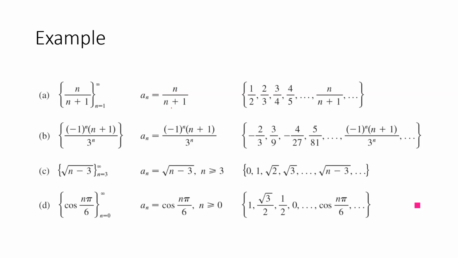So this is just the formula that generates each term of the sequence. And so by substituting in values for n, we can get specific terms of the sequence. For instance, at n equals 1, we get 1 over 2. At n equals 2, we get 2 over 3. At n equals 3, we get 3 over 4, and so on. So these are just really a list of all those terms. So a1, a2, a3, and so on.